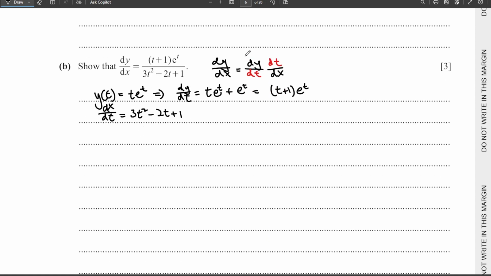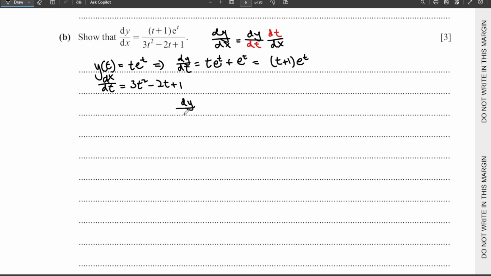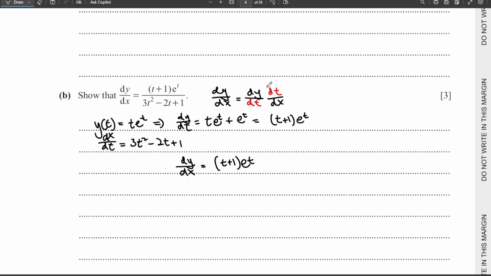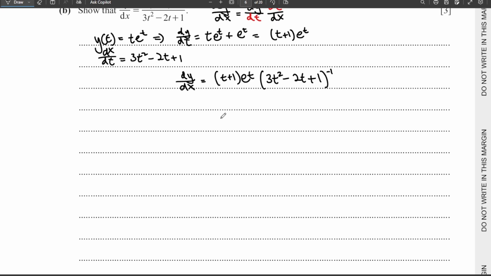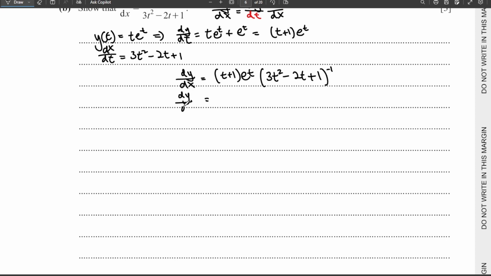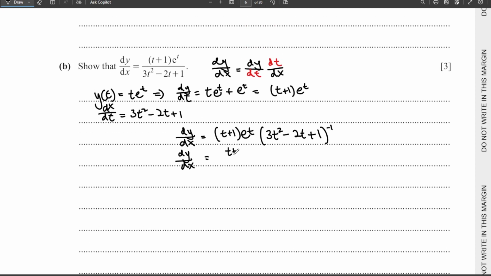Finally, we use the chain rule: dy/dx is dy/dt, which is (t plus 1) e to the t, times dt/dx. dt/dx is the reciprocal of dx/dt, so we rewrite the expression for dx/dt and take the reciprocal. Simplifying, we can present it in the exact form that they want. Okay, so that is shown.